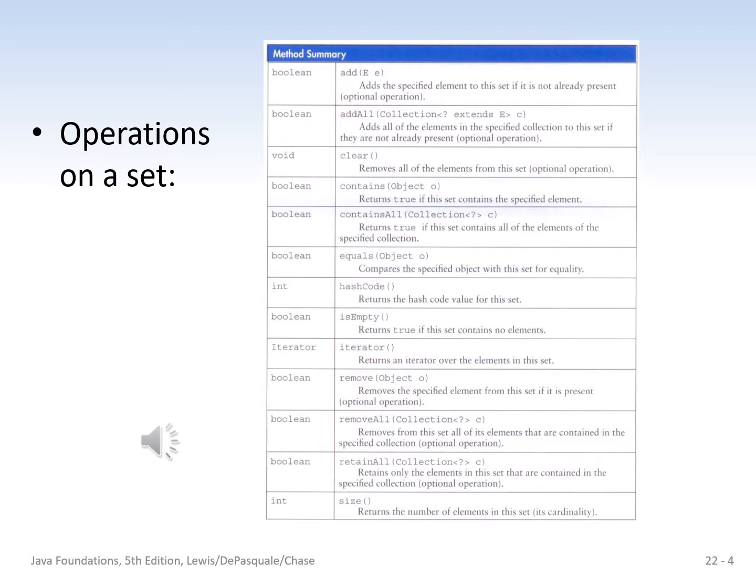Returns a Boolean and returns true if the set contains no elements. Equals compares the specified object passed to that method with this set for equality, which we'll talk about later. Clear removes all the elements from the set. Add adds the specified element to the set if it's not already present.